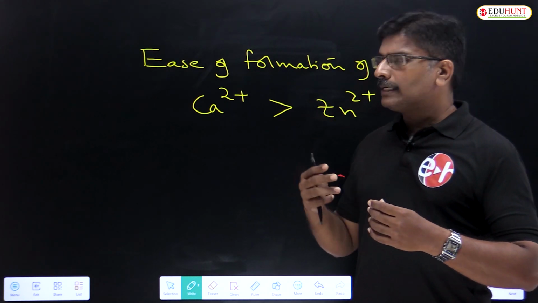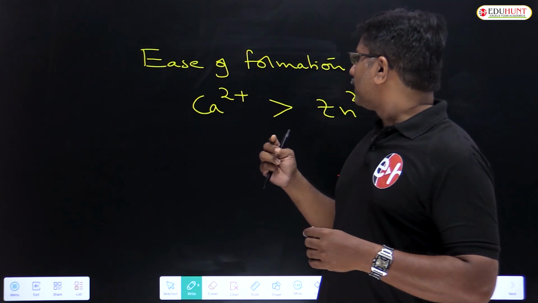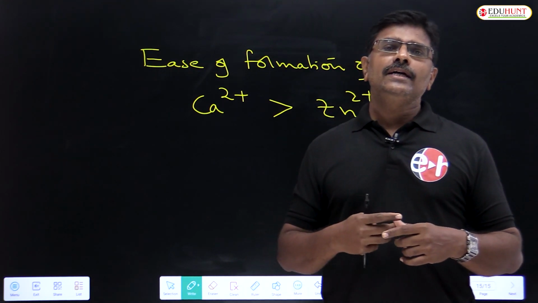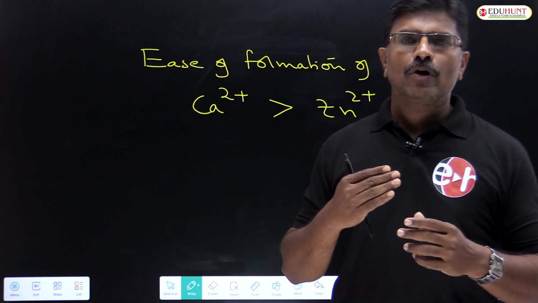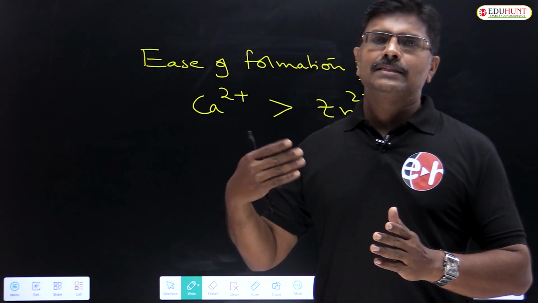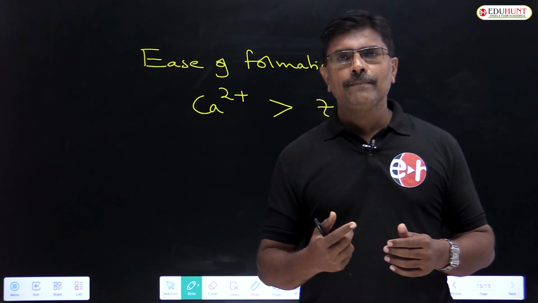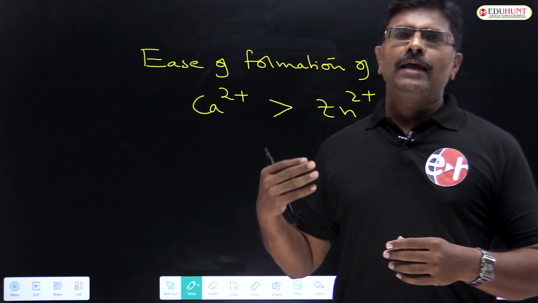And what is the third condition? The third condition that we have discussed is low charge on the cation. The cation with lower charge is going to be formed more easily than the cation which is having larger charge. The example we have discussed is Na+ is easily formed, then Mg2+, then Al3+.